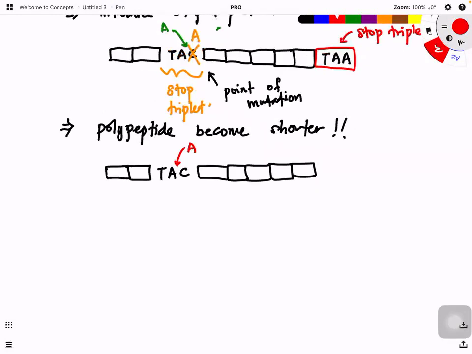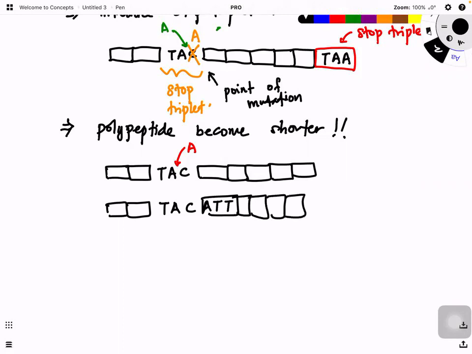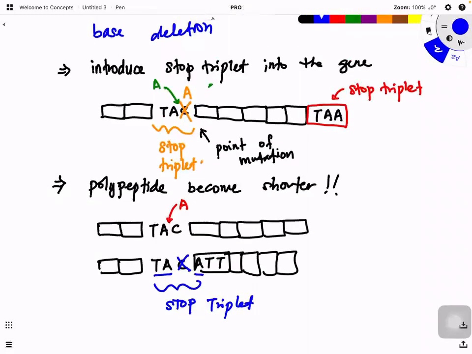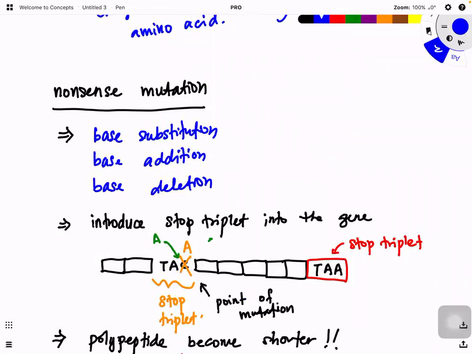Or it so happened that deletion takes place, and the reading frame becomes TAA. Can you see that? This one is also a stop triplet. So you can see that base additions, base deletions, and base substitution all have the ability to result in this nonsense mutation.